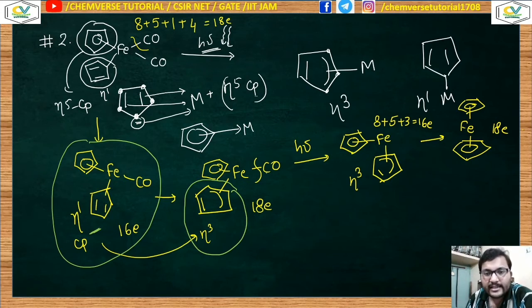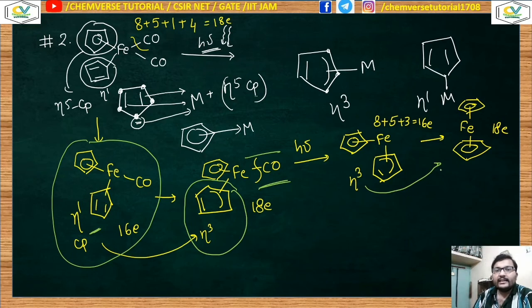So the second carbonyl molecule will also be cleaved, and then the hapto-3 ligand will change into the hapto-5 ligand, and that gives stability and fulfills the 18 electron criteria. So there is a possibility of increasing the hapticity so that it can increase the total valence electron count.